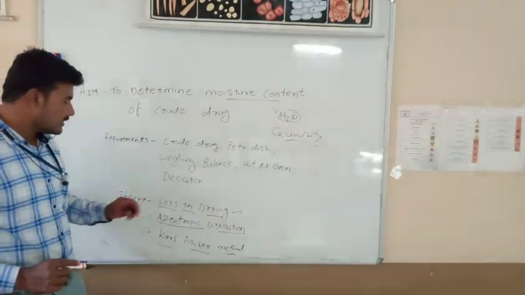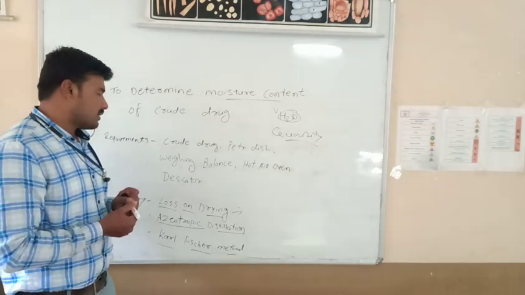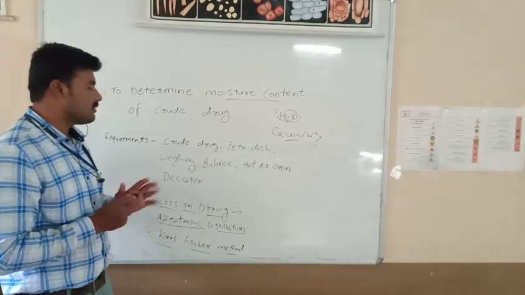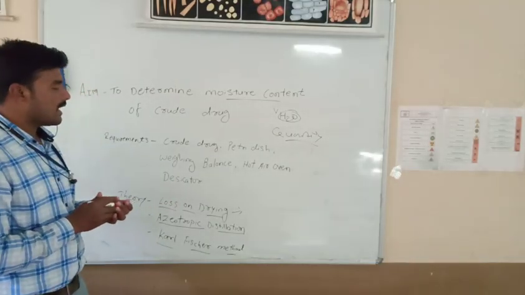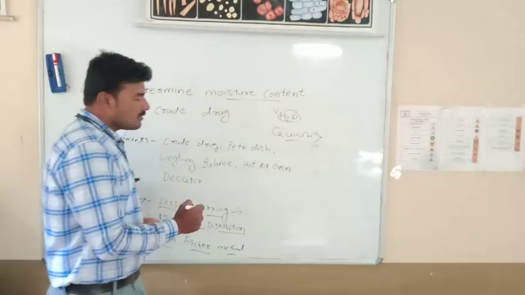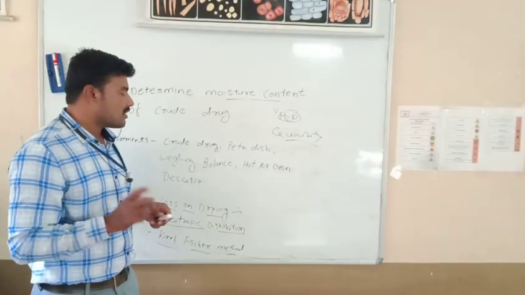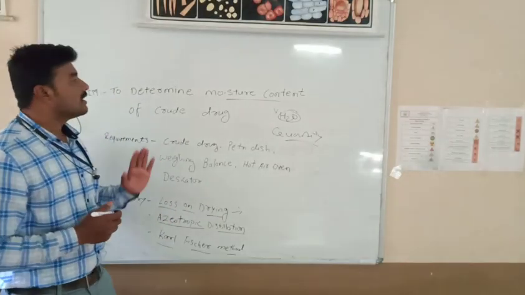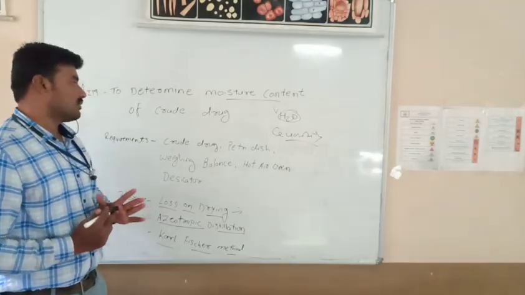In it we dry the crude drug in a hot air oven for 3 hours. After 3 hours we take out the crude drug and weigh it again. Whatever weight is lost on drying is called the moisture content. So that is the simple practical to determine the moisture content of a crude drug.